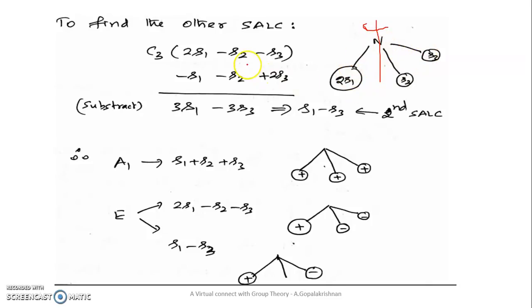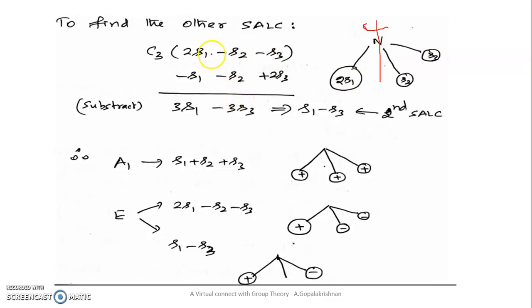So 2s1 becomes 2s3. And s2 will come to the s1 place. Since s2 has a minus sign, keep the minus sign as such. Then s3 will come to s2's place, and since this is minus, keep the minus sign as such.